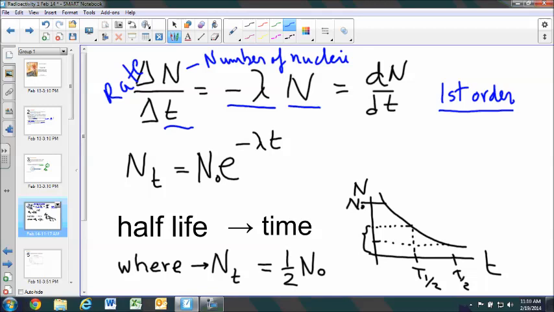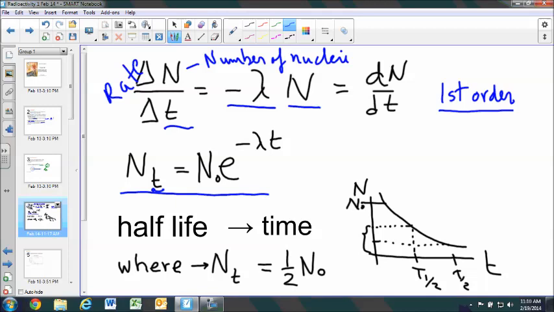And if you have an equation like this, could be like the big delta or the small delta here, you can solve that equation by saying that the number of the nuclei at any particular time is going to be an exponential function. This would be the solution for this equation, right?